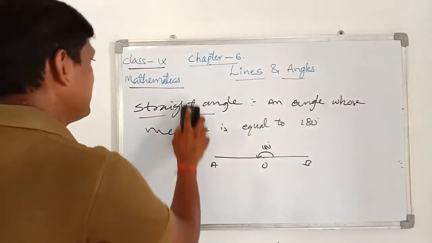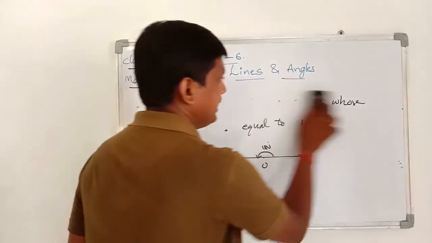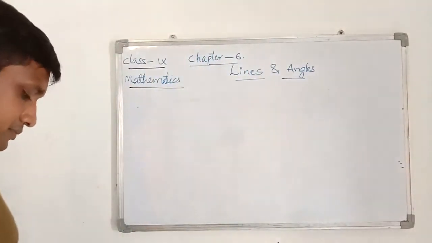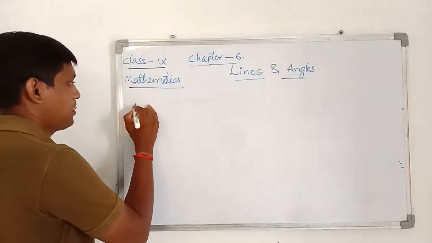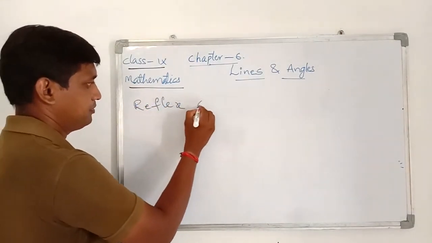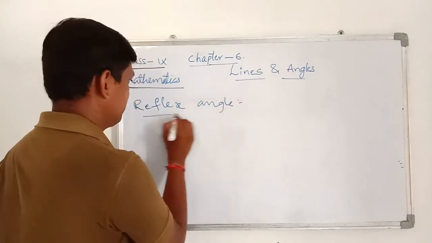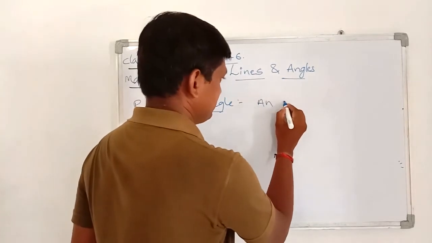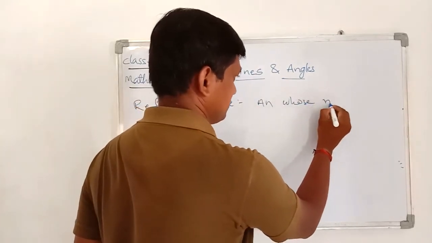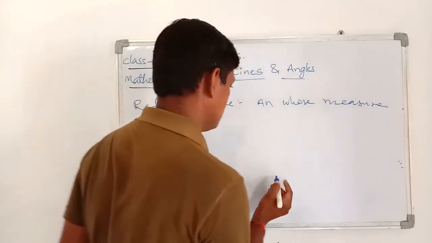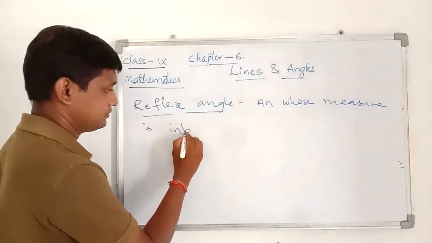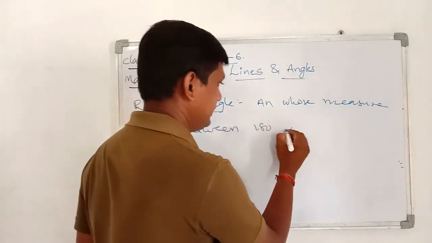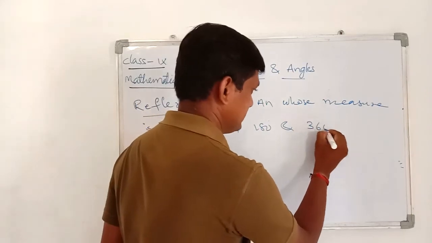The next is reflex angle. What is a reflex angle? A reflex angle means an angle whose measure is in between 180 and 360 degrees.